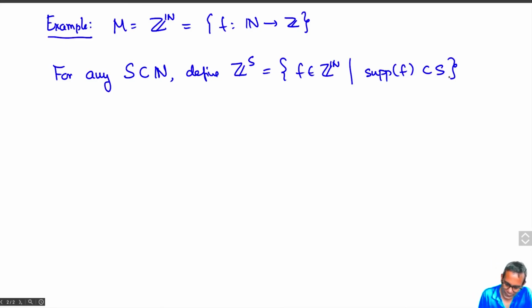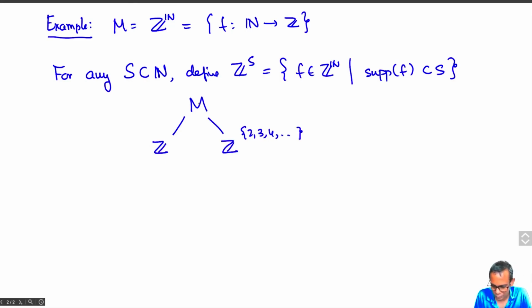Then we can draw the following tree. So let's just run the algorithm. M is not indecomposable because I can write it as Z direct sum Z^{2,3,4,...}. I'll think of this as functions which are supported only at 1, and these are the functions that are supported at 2, 3, 4, and so on. And then this can be written as Z direct sum Z^{3,4,5,...}.